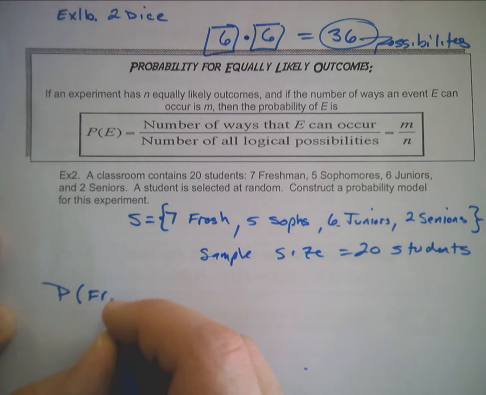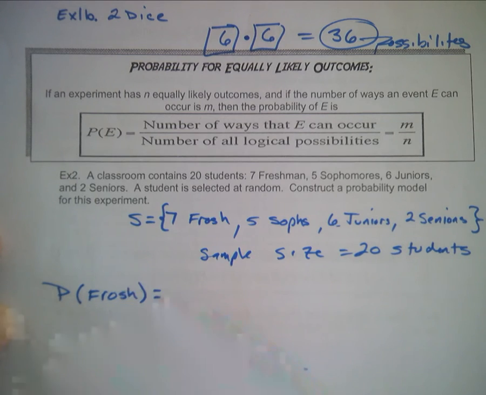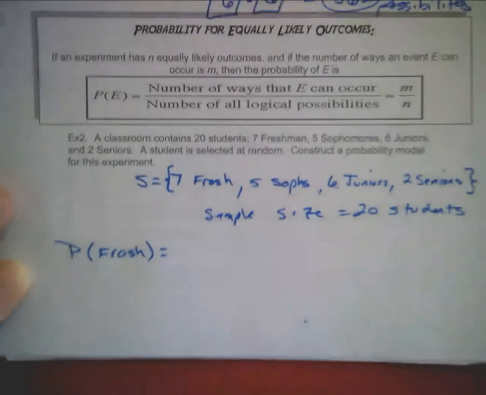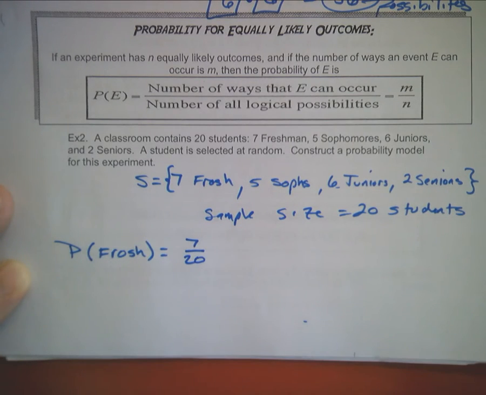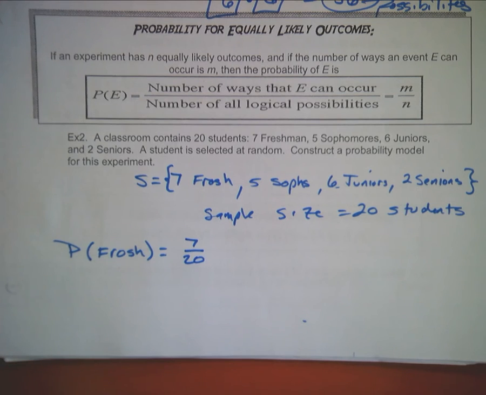Probability, P for probability of a frosh. How many freshmen do we have? We have 7 freshmen out of 20. Now, if my math lab wants a fraction, you can give the fraction. If they want a decimal, take 7 divided by 20 and figure out what decimal that is.